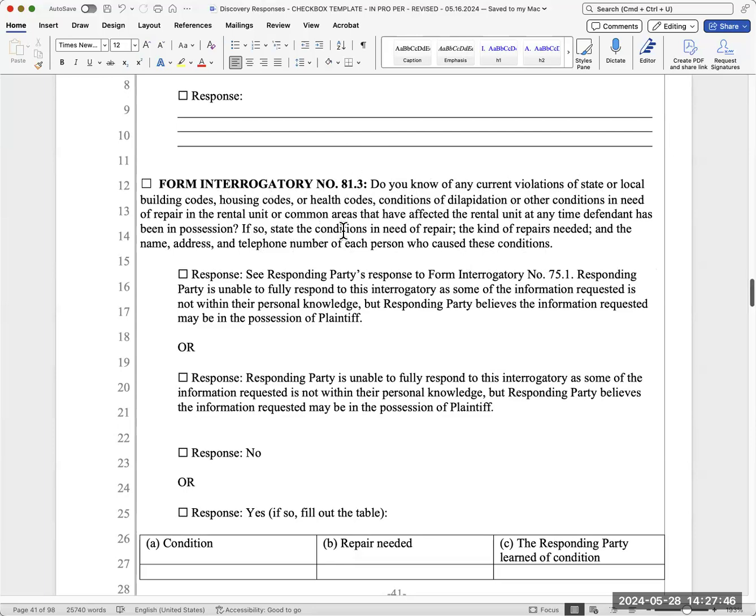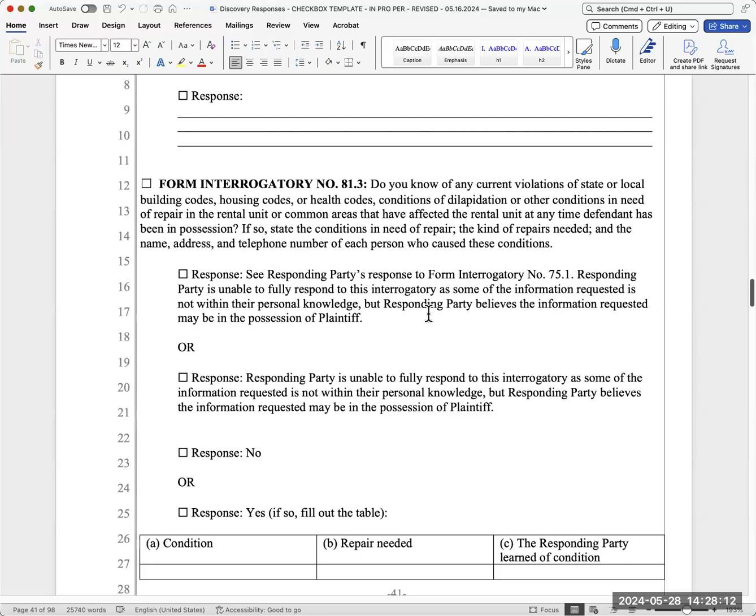This question is about any repairs on the property. So there may be things from 75.1 that you're aware of, but there may also be other repairs that you're not aware of that need to be made. Most of the time we know about the repairs that need to be made on our individual units, but we don't often know about problems in the common areas.